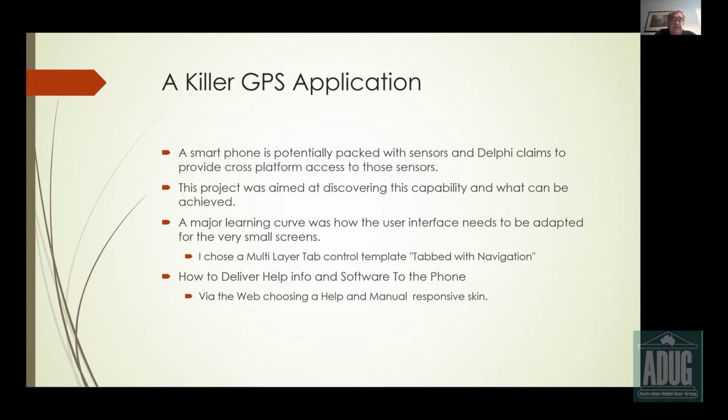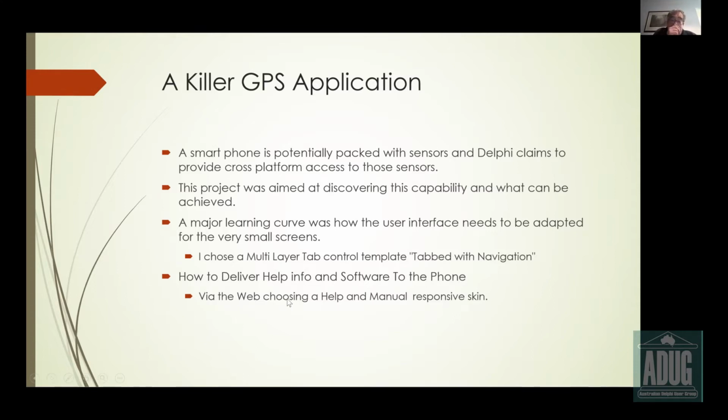But I found the next problem was that when you went to the phone, when you went to one of my typical old websites, it was almost impossible to navigate the website to get down to the button to download the software.